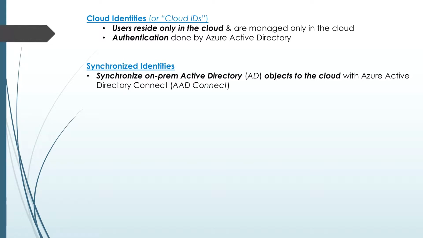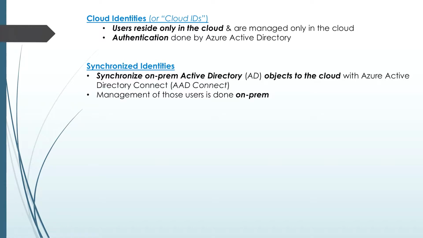In this scenario, you synchronize your on-prem Active Directory objects to the cloud using AAD Connect, so Azure Active Directory Connect. This is a free tool given by Microsoft for you to synchronize your objects to the cloud.